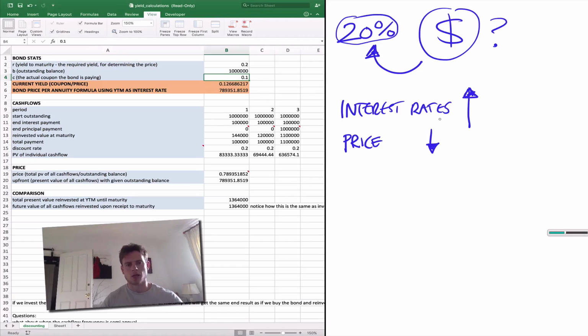And that's really important, and vice versa. So if interest rates go down, then the price goes up, and this will explain exactly why. Because what's happened here is, if we look at the cash flows, they are exactly the same, because the coupon never changes.